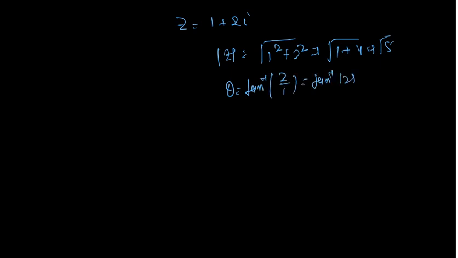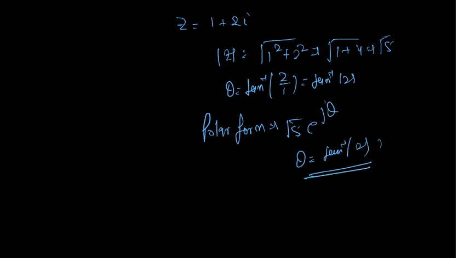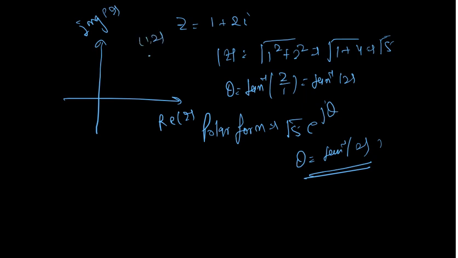So if you want its polar form, the polar form will be square root of 5 e to the power j theta, where theta is equal to tan inverse of 2. Or if somebody wants you to represent it graphically, then you have to draw the real part of z and the imaginary part of z, and your number is somewhere here because it is (1, 2), since the real part is 1 and the imaginary part is 2.